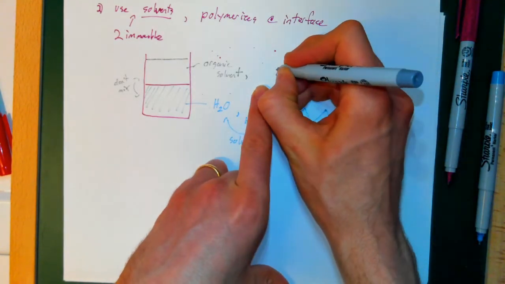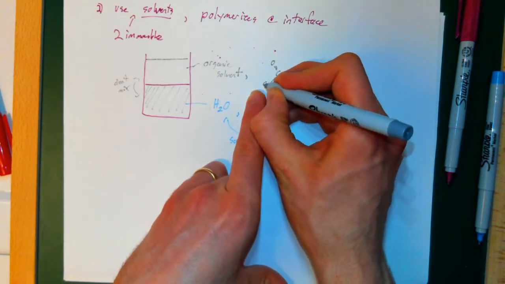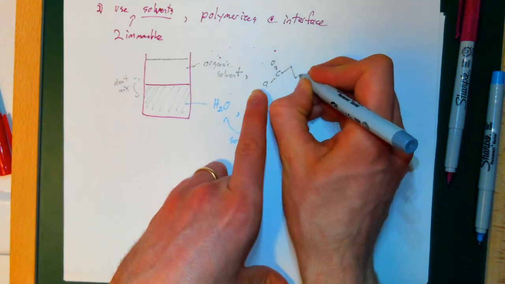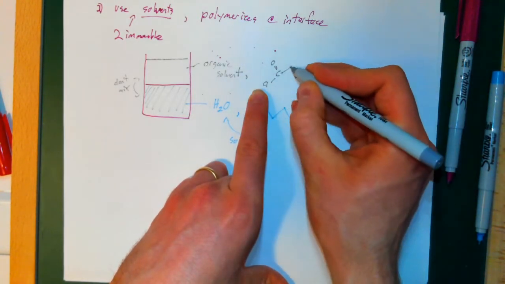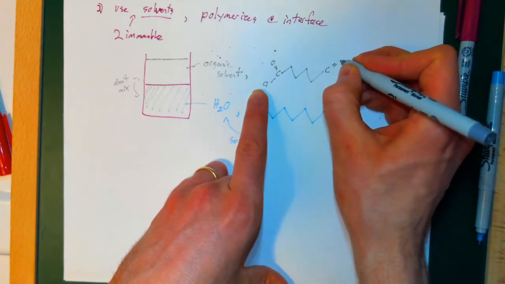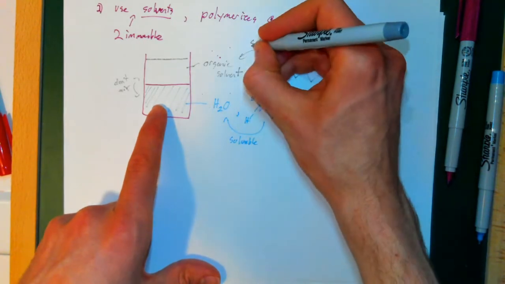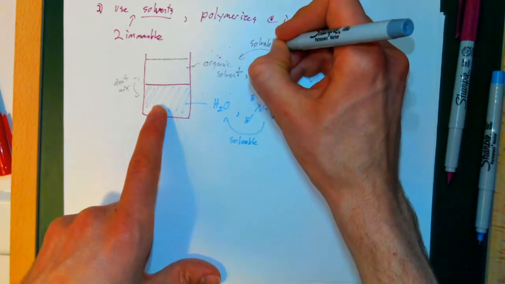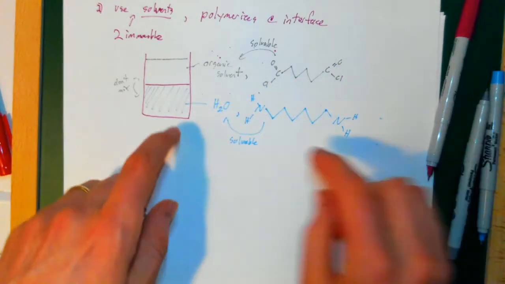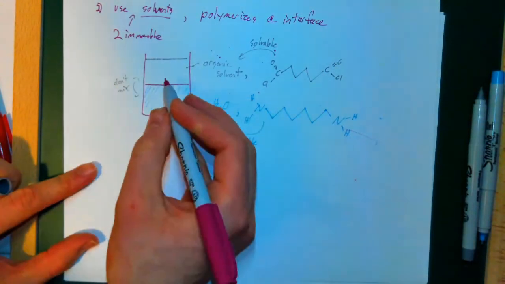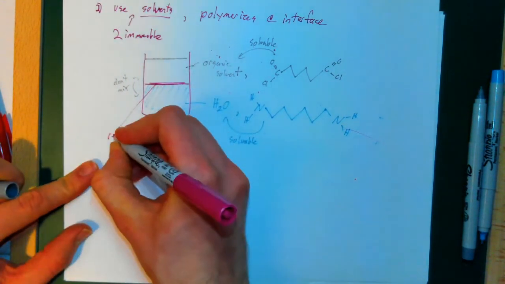So if you remember, nylon can form not just with COOH, but with COCl. And it turns out that this is only soluble in this, and this is only soluble in this. But at the interface, they can react.